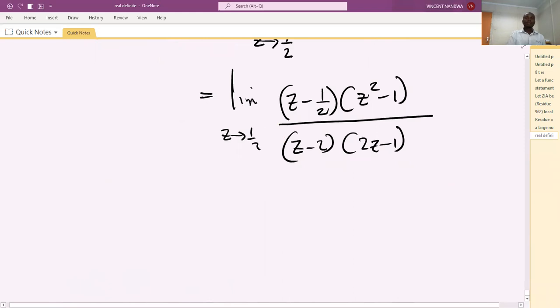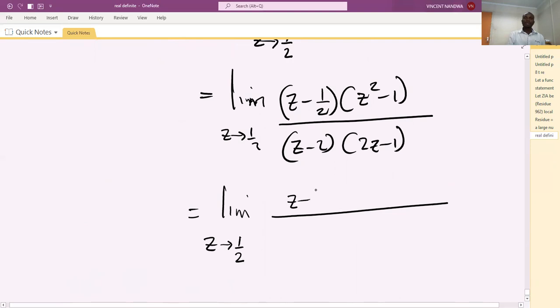So this will give us limit as z approaches a half of z minus 1 over 2, times z squared minus 1.